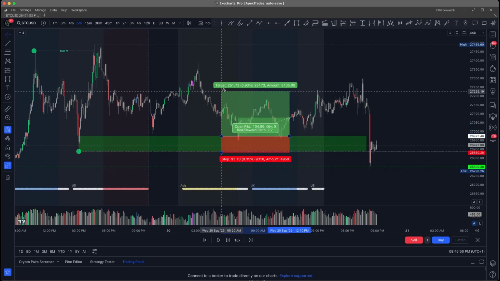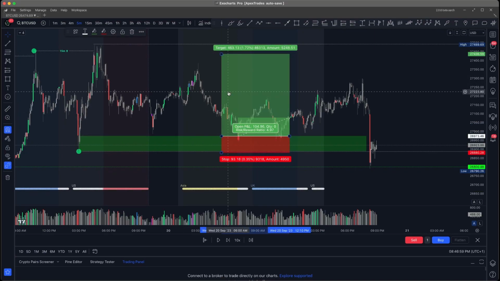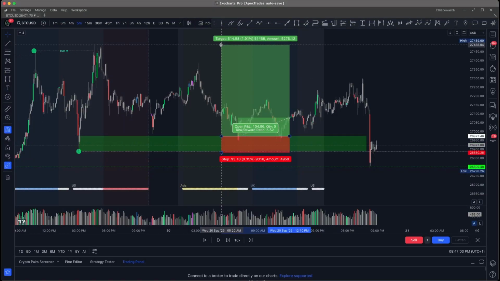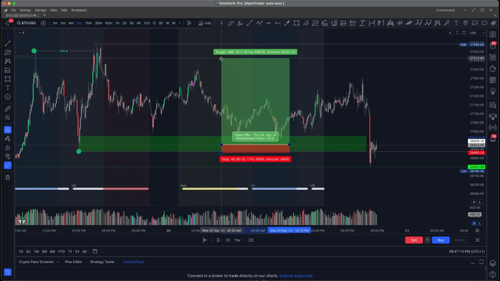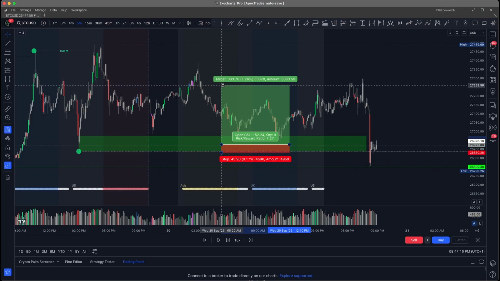Then you put your target wherever it wants to be. That would be the high. But you can obviously bring this down, to wherever it would be. If you wanted to have less risk, that's still 5 to 1. That's actually 6 to 1, right?